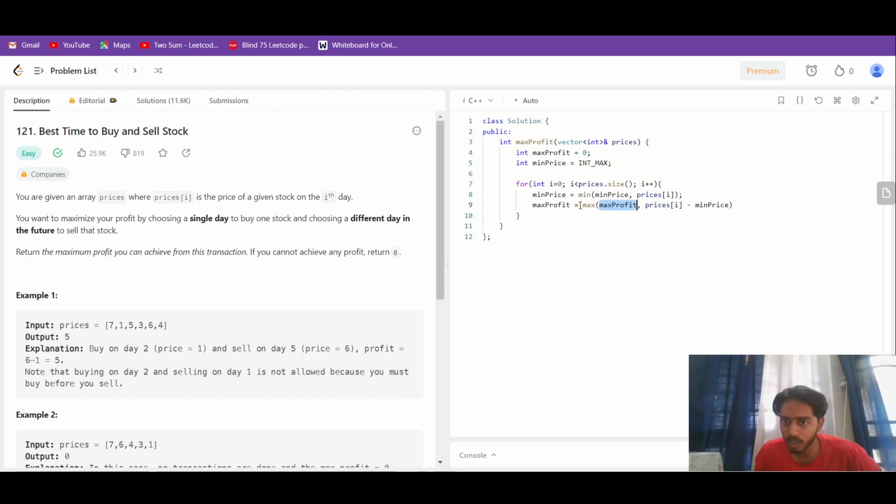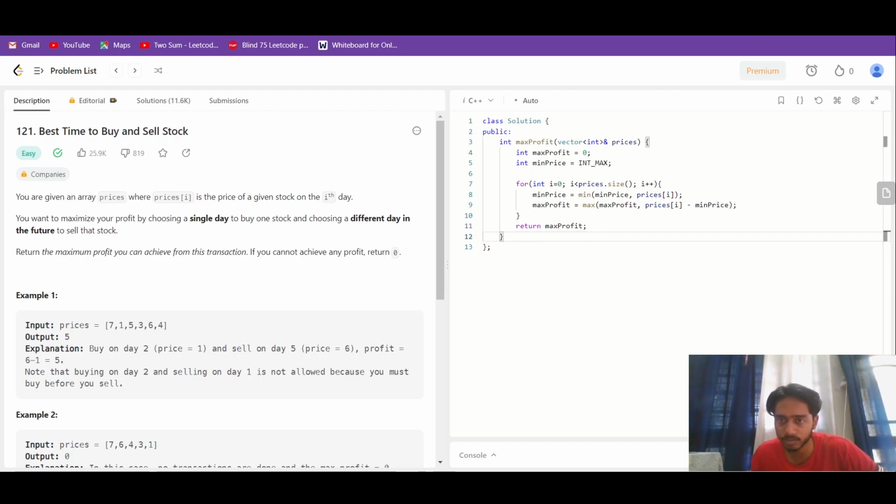If this profit is greater than max profit, then max profit will store the maximum of both of these. Yeah. So we just got our answer. Coming out of the loop, we return the max profit. So this was an easy question.